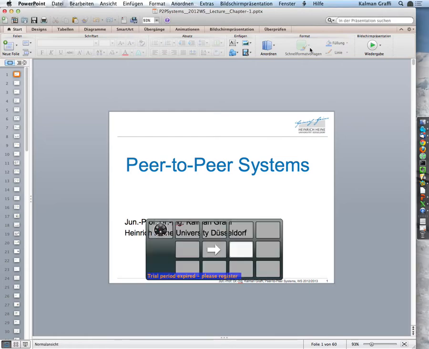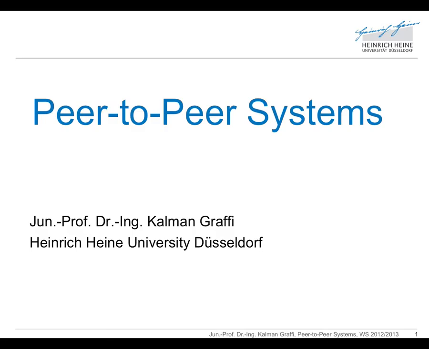Okay, good. So then we start with peer-to-peer systems and what the lectures will be about. So the lectures will be about peer-to-peer overlays. So what are these networks, what they can do, what they cannot do.